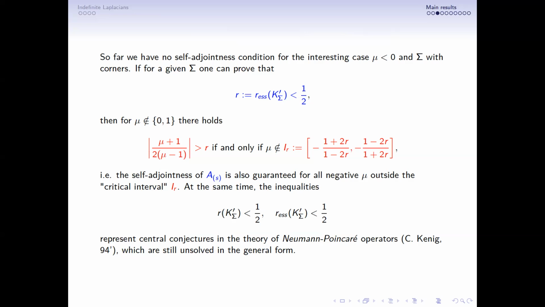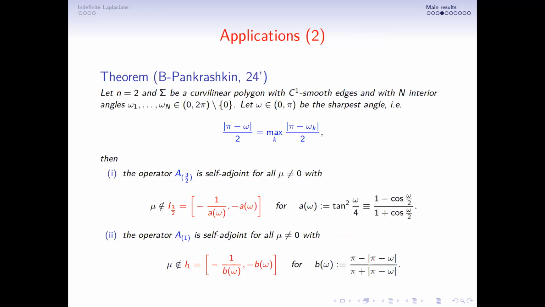It is a problem by Kenning in '94, and still now we don't know too much about how to solve it. This is a very hard problem. But still we have some partial result, and it goes as follows.